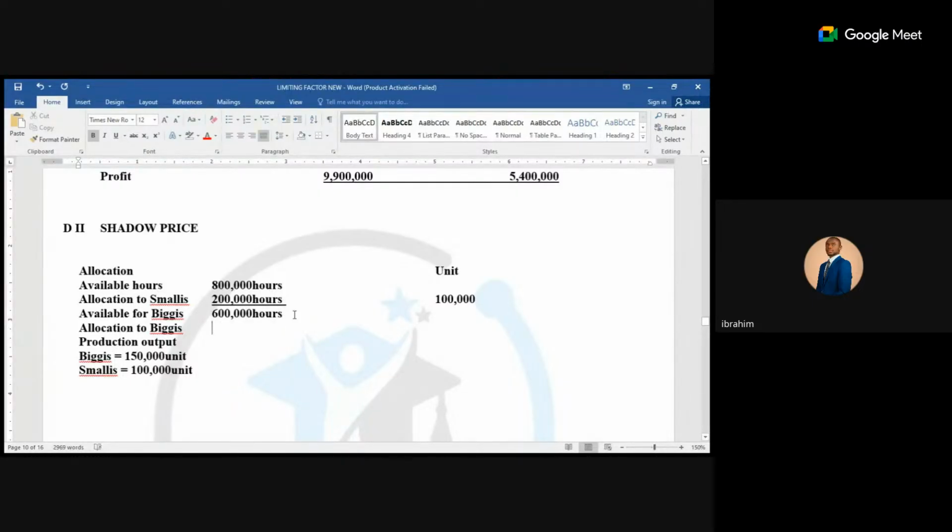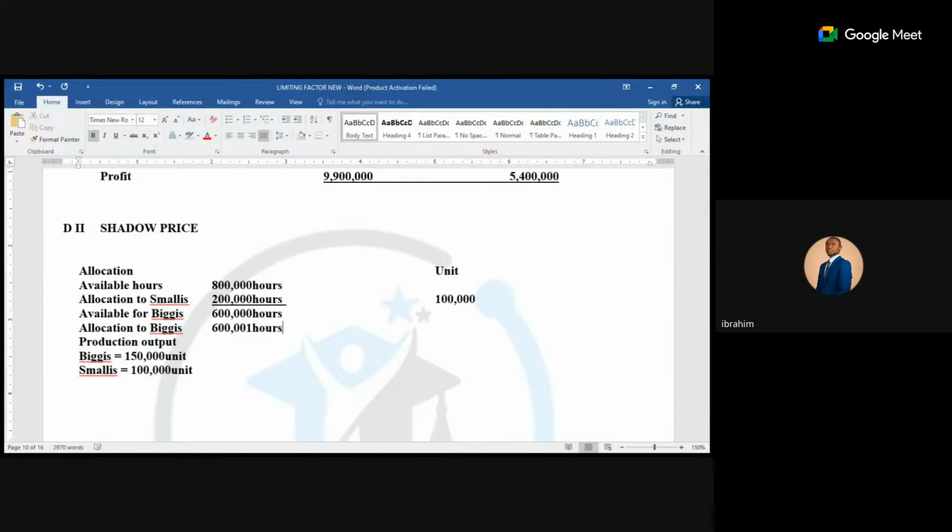Since we don't have enough resources to produce the whole unit we want in biggies, we need to increase our scarce resource by 1. So what you allocate to biggies will now be 6,001. You add 1 to it.